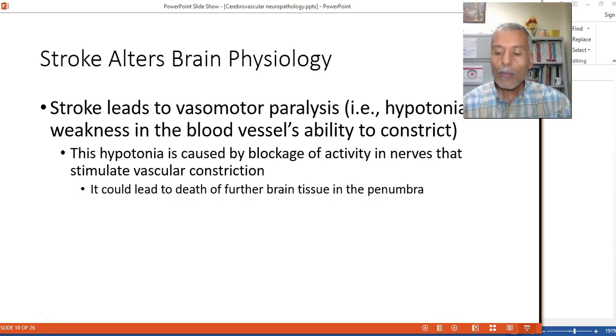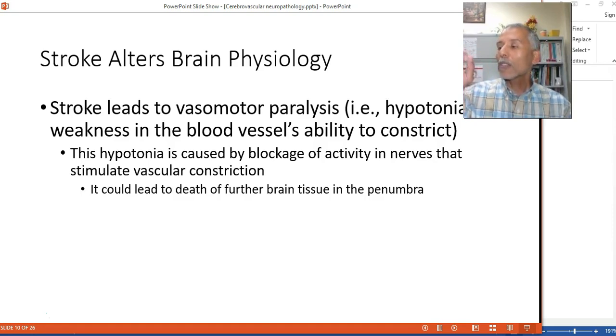So this way, the autonomic nervous system regulates blood vessel activity, dilation, and constriction, and it's an automatic process. However, when stroke occurs, that causes something called vasomotor paralysis, of blood vessels and motor movement.